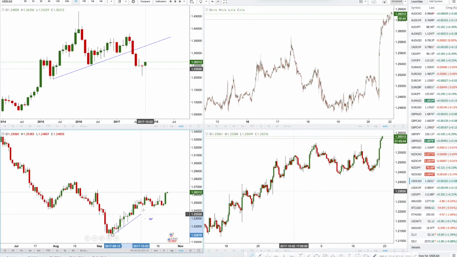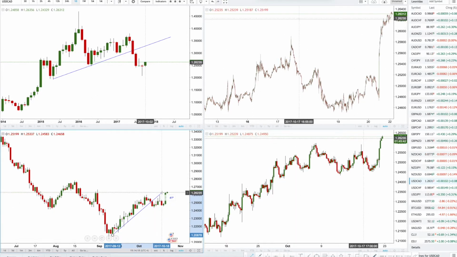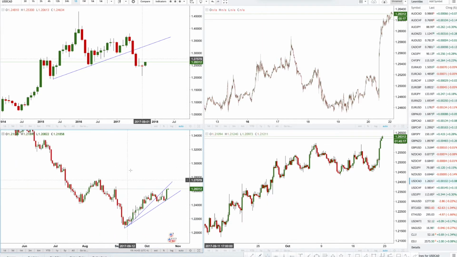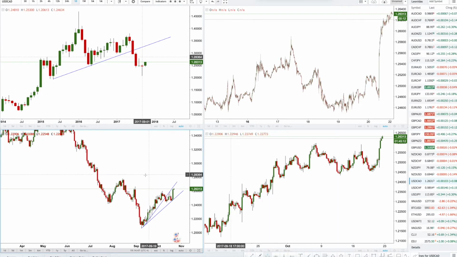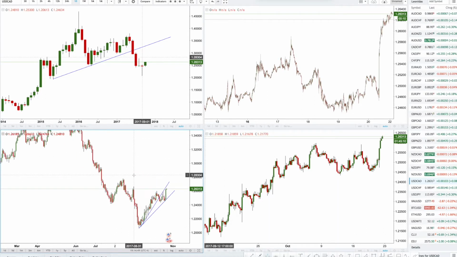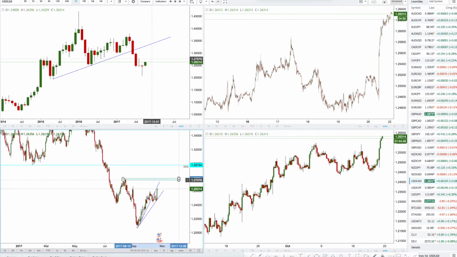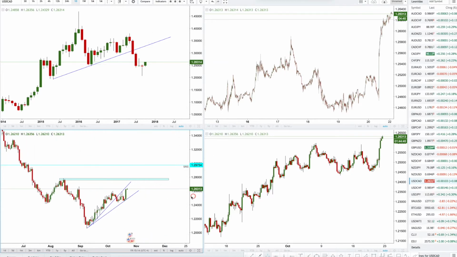Now, this one was broken like this, right? So we're looking for UCAD to go up, a target which is pretty close by.